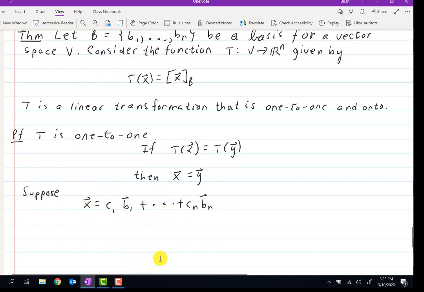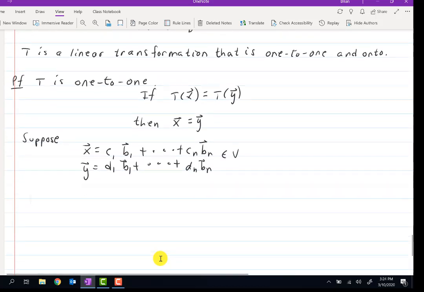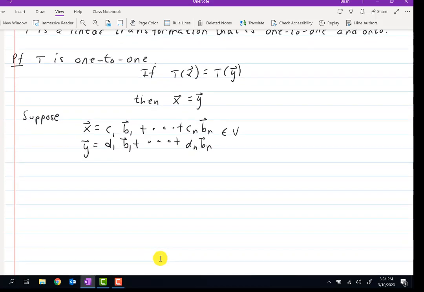And also I'm going to let y equal d1 b1 plus dot dot dot plus dn bn. These are any two vectors in the vector space. Now suppose also that T of x equals T of y. I want to show that x is equal to y.